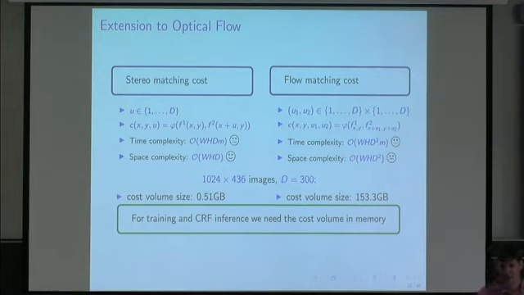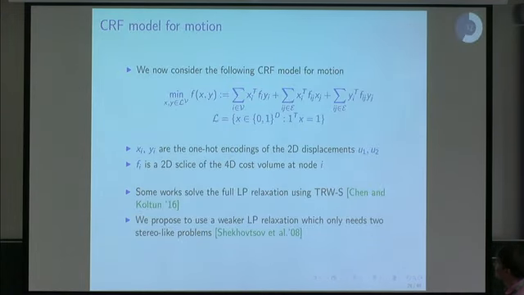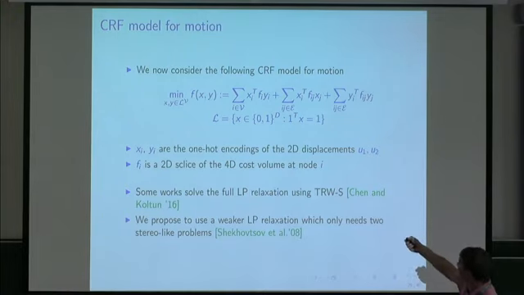However, for training and zero F inference, we somehow need to have the cost volume in the memory, so we need to do something here. So the zero F model we consider for motion is a straightforward extension of the model of stereo. The only thing is that now we have here again a pairwise term between horizontal and vertical displacements.